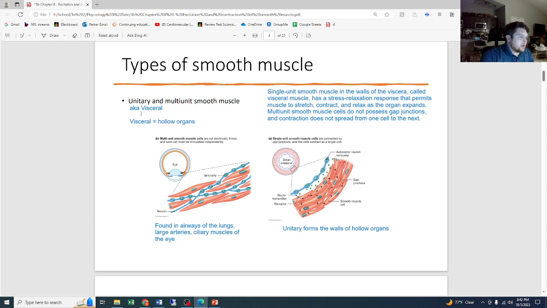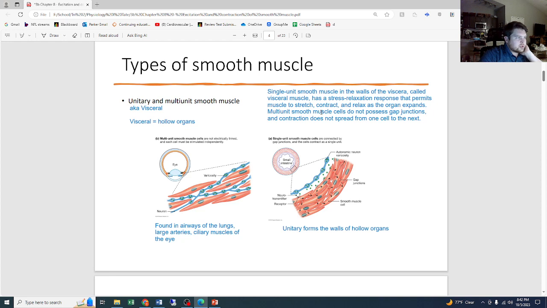Unitary is also known as visceral, visceral meaning that with our hollow organs. So our single unit smooth muscles in the walls of the viscera, in the walls of those organs, has a stress relaxation response that permits the muscle to stretch, contract, and relax as the organ expands.